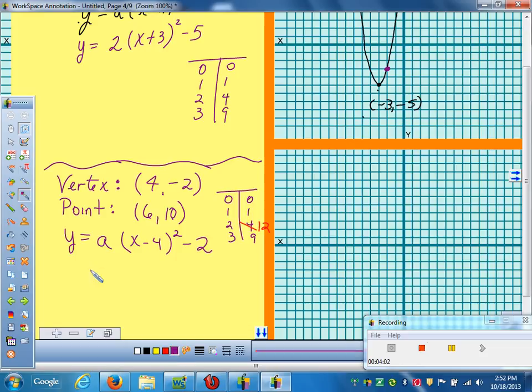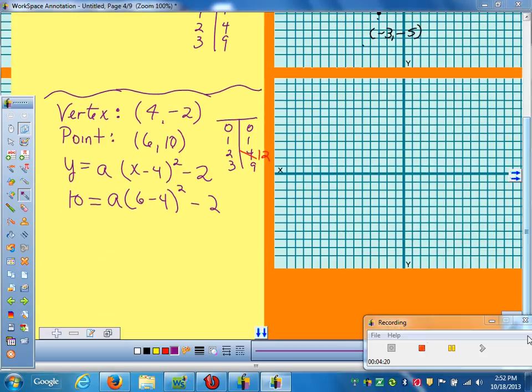Or you can, if you don't like trying to do that, just fill the point in. You're trying to solve for A. You know you have an x-coordinate of 6 and a y-coordinate of 10. Just do the algebra and solve for A. That's whichever fits your brain better. The key thing is order of operations again. What do I get out of this quantity squared? 6 minus 4 would be 2.